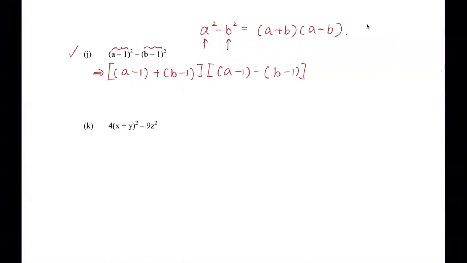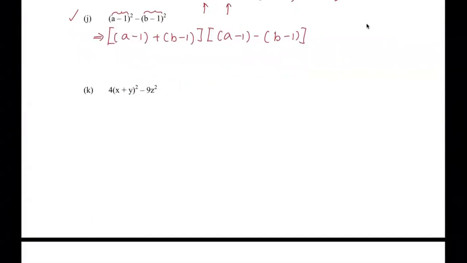Steps are the same. So if we organize this a little bit, a − 1 + b − 1 is equal to a + b − 2. And a − 1 − (b − 1) will become a − 1 − b + 1, right?